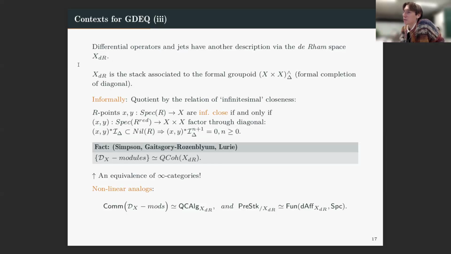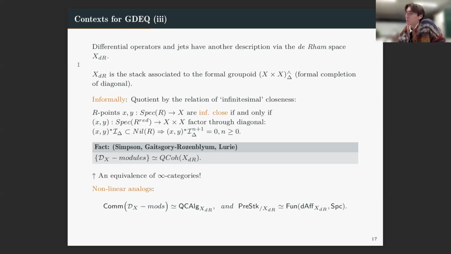This is the algebro-geometric notion of identifying fibers if the points on your manifold or your variety or scheme are infinitesimally close together. What's nice is that this applies to a lot of other settings, like X might be singular.